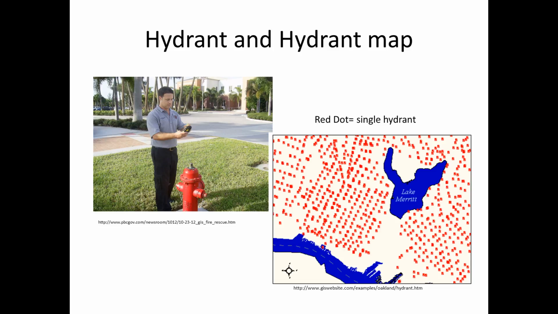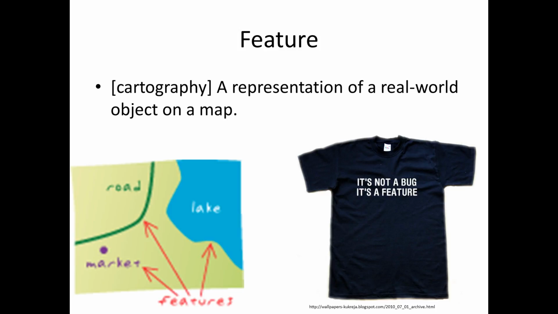Another name for individual representations of individual fire hydrants in this abstract sense in the GIS is features. Each feature represents a single fire hydrant, or the location of a single fire hydrant, in our map or in our analysis. Feature is defined as a representation of a real object or phenomena on a map.